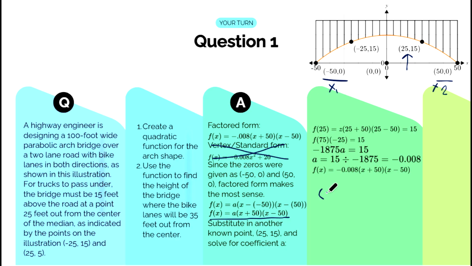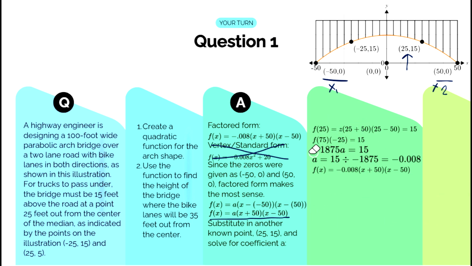So if we have 25 plus 50, oh, you know what? We don't have to distribute because we don't have any x's. 25 plus 50 is just 75, and 25 minus 50 is negative 25. So that's where that came from. This one just came right down here. They just simplified. That's all they did. Okay. Let me erase that so you can actually see what's happening here.